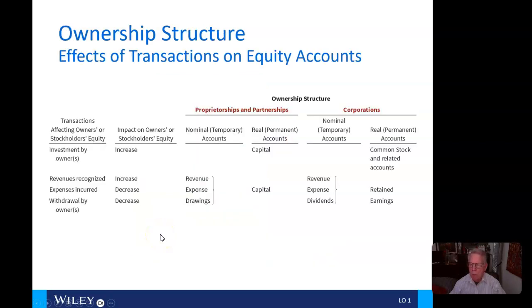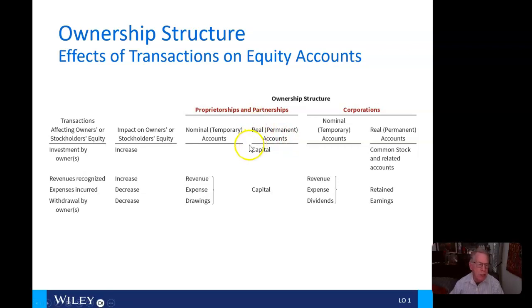Okay, so if I look at this for a second here, an investment by the owners is going to increase stockholders' equity. And you've heard the term permanent accounts. Those are our balance sheet accounts. Another term for that is real accounts.